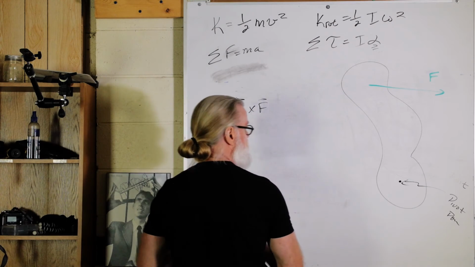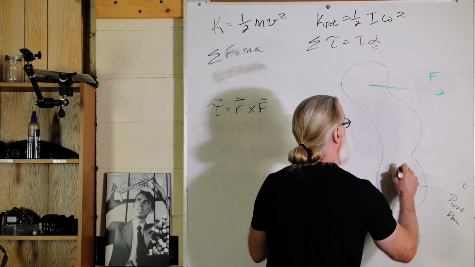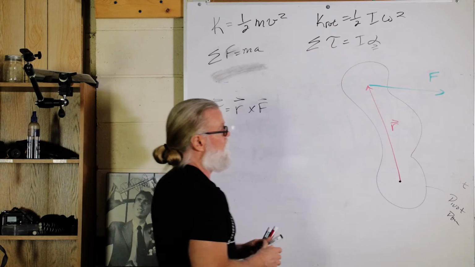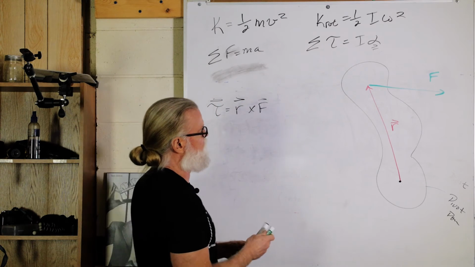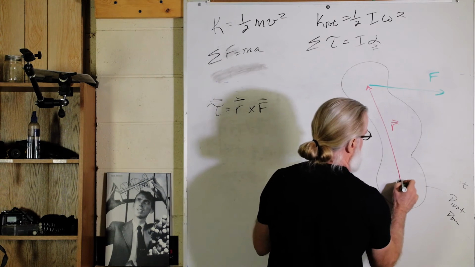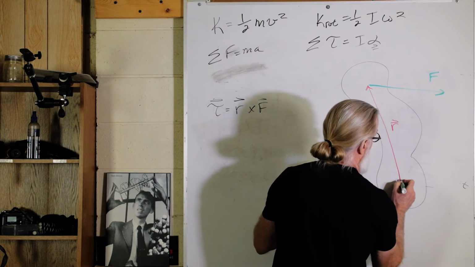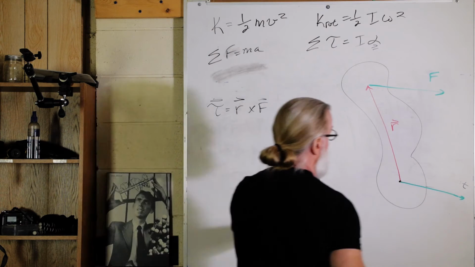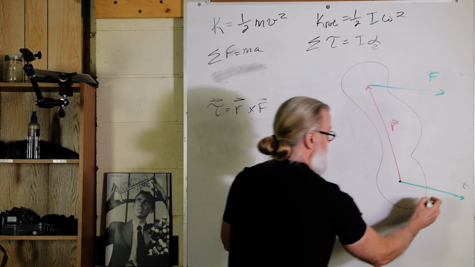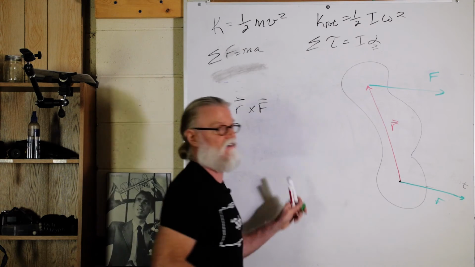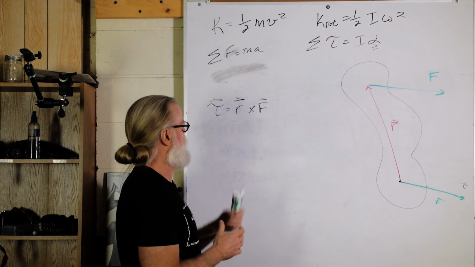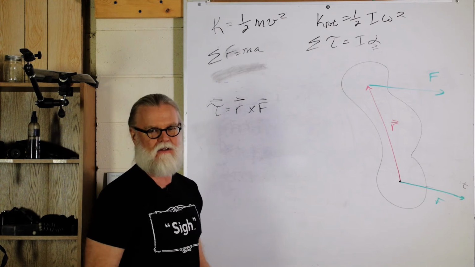I'm going to draw the position vector. I'm going to redraw the force vector so it's right here. Close enough to the same vector. There we go. And what we do with the cross product is we take our right hand.